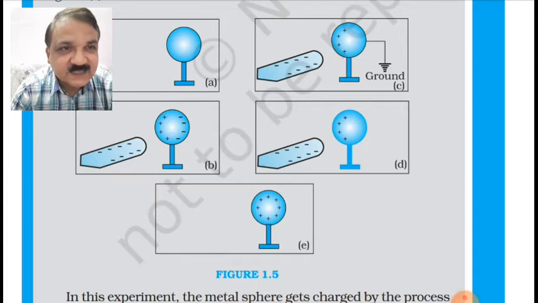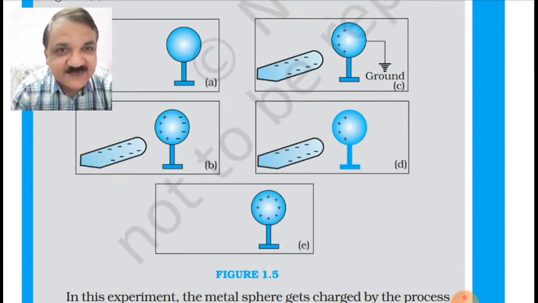Grounded means the ground takes the negative charges, and only the positive charge will remain. After removing the negative rod, the metallic sphere is developed positively.